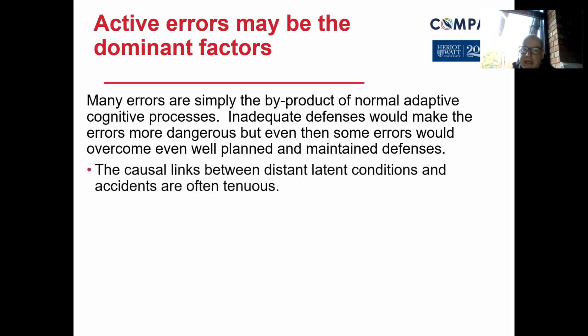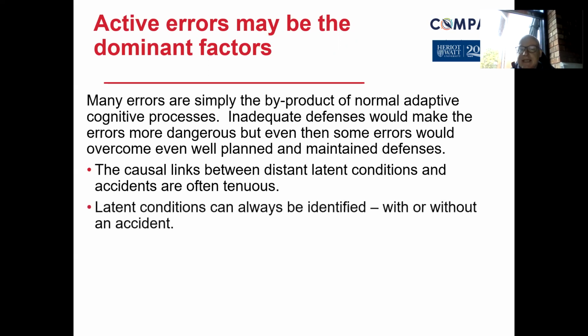So we have to consider that the causal links between distant latent conditions and accidents are often tenuous. So again, learning from hindsight is good. If we have enough knowledge and experience in these areas, you can predict perhaps what these potential problems may be, and then put them right before they become a latent condition.